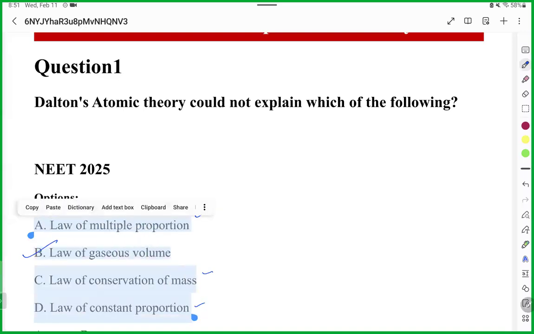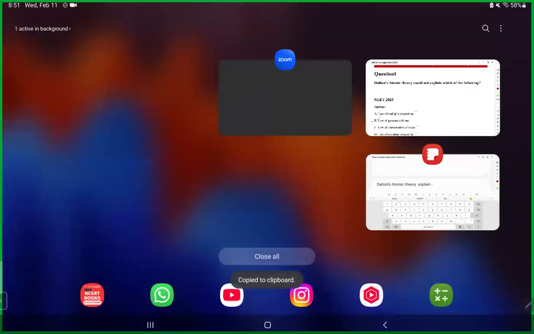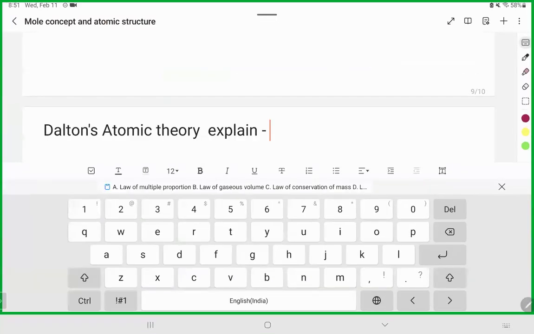Because next time they can ask any of this, that Dalton atomic theory explains which of the following.